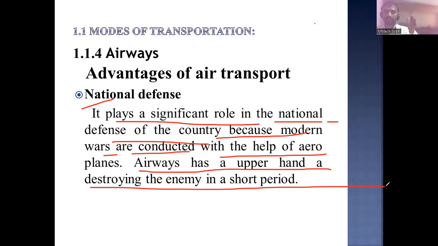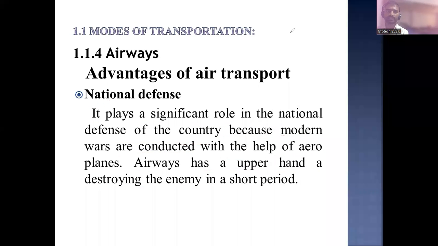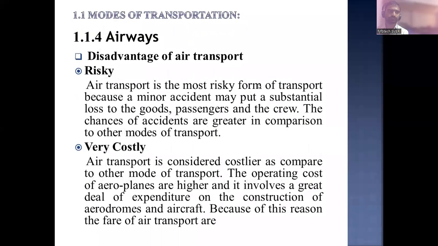Towards the borders of India, China, Pakistan, and all our borders, our use of airways is very high. In order to do bombing and all, we are using airways. In the national defense services, we are using the airway system the most.